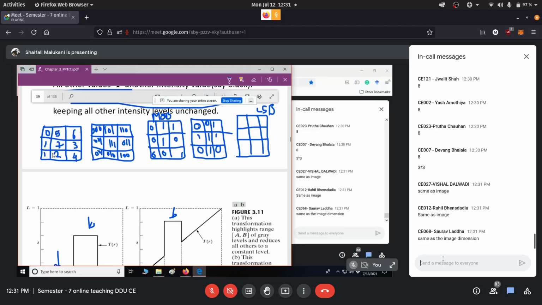Fine. Now, one more question. Can you tell me which colors are there? Suppose in my input I have two values only, 0 and 1. So it is a logical array. Just two binary values are there, right? So 0 will represent a black color, 1 will represent a white color.